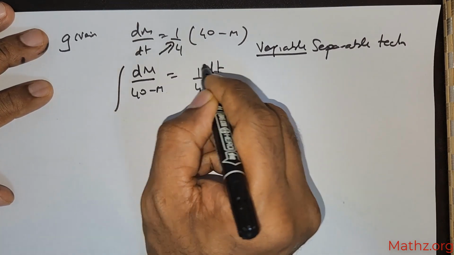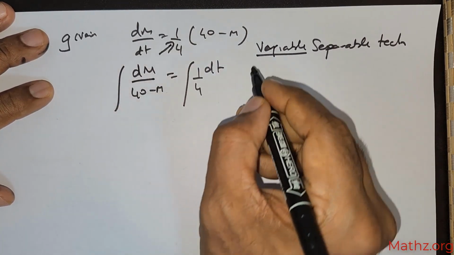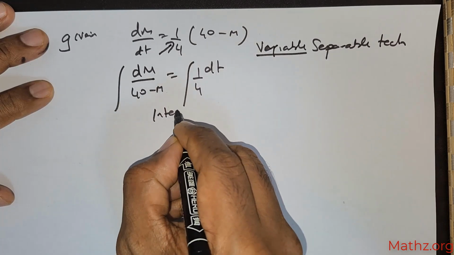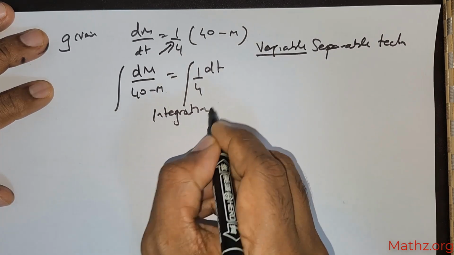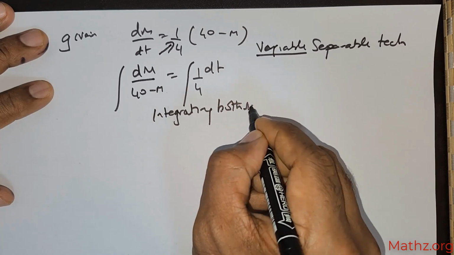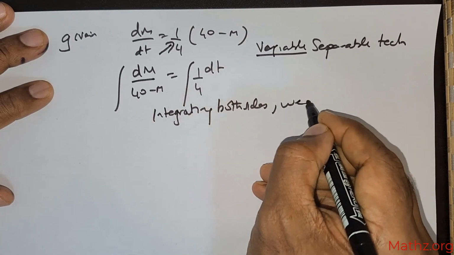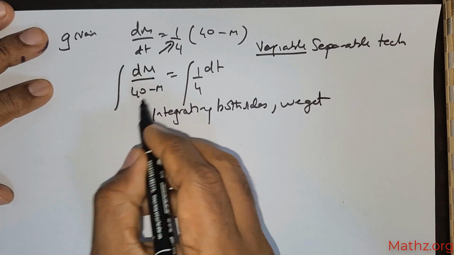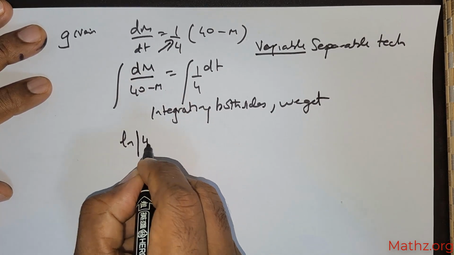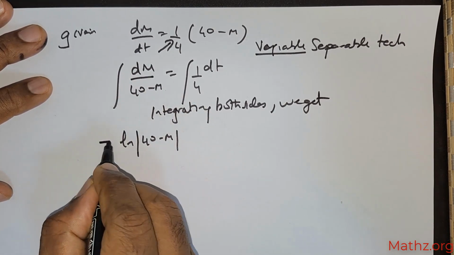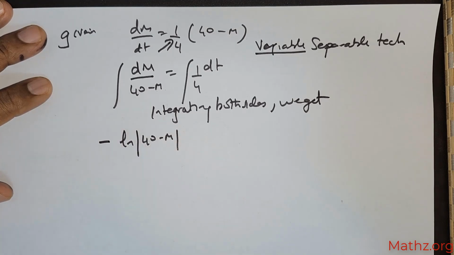Now I'm going to integrate both sides. You can state that integrating both sides we get, this is going to give me ln modulus of 40 minus m, but there will be a negative sign because of the negative sign present before m.